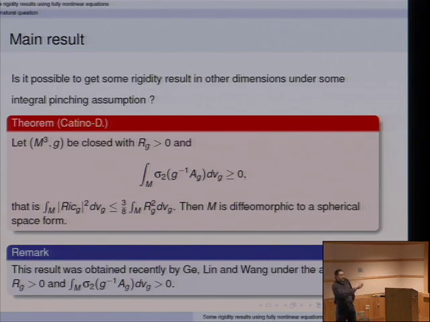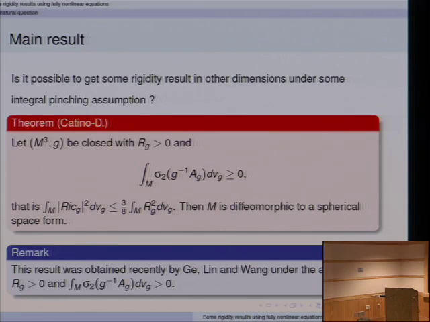The story is exactly the same as in the Chang, Gursky, Yang theorem. What you want to do is to prove that under these assumptions here, you can produce a nice metric. And what is a nice metric in view of Hamilton's theorem? A nice metric for us will be a metric for which the Ricci curvature is positive.